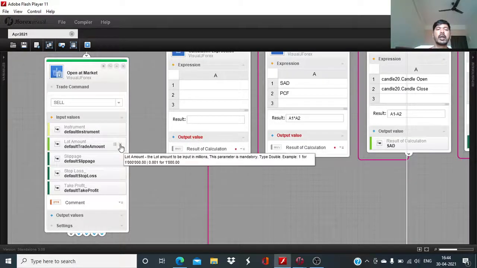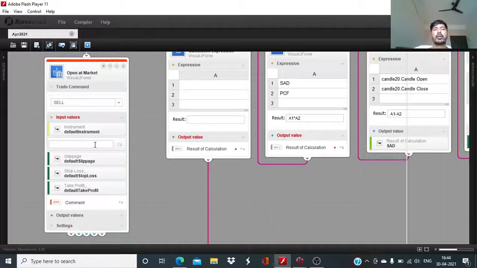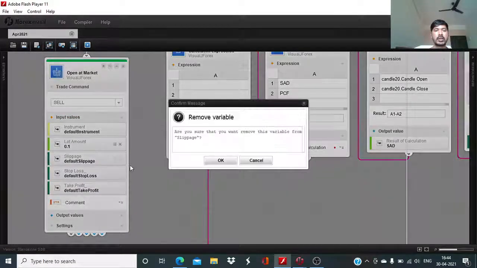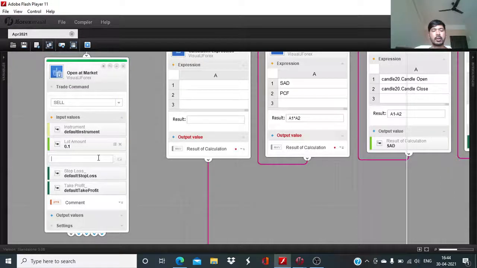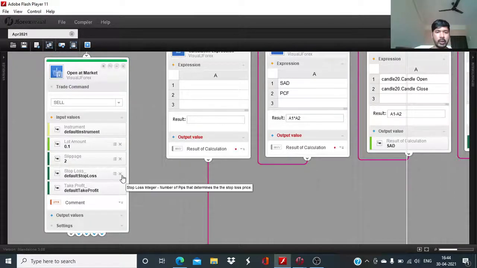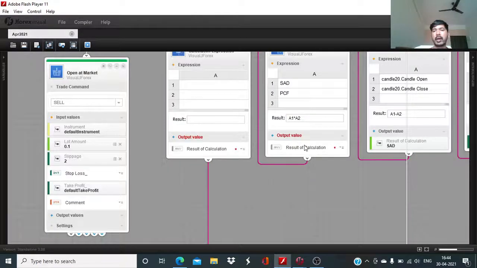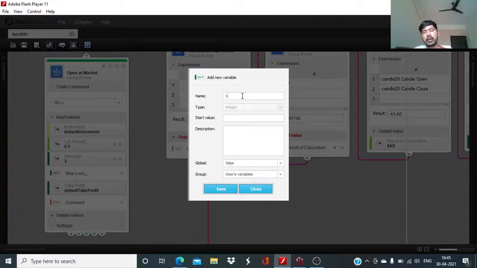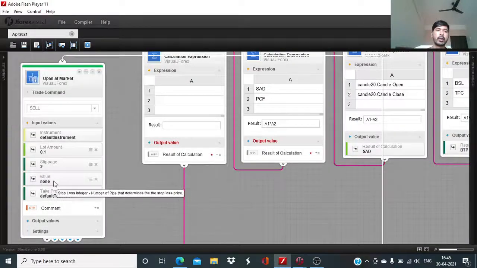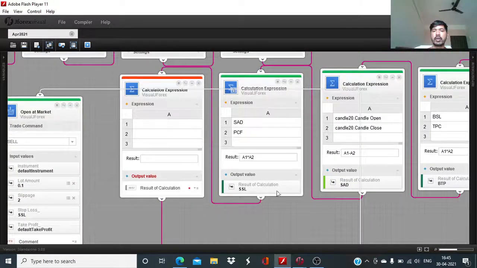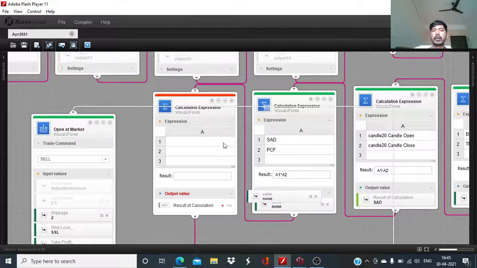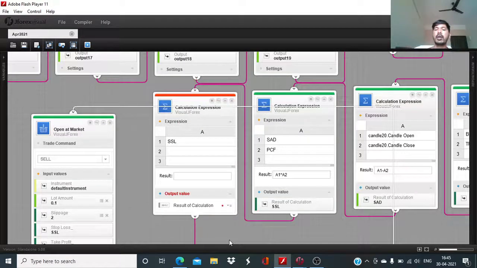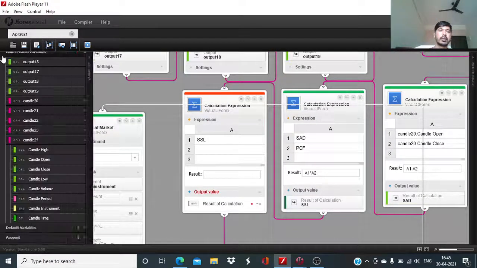Default instrument will remain as it is. Trade amount, I will define it at 0.1 million. Slippage we will change to 2 pips. Stop loss, I will create a variable and we will assign it here. SSL, inside stop loss, and its value will be derived from this calculation, and twice of it will be target price.